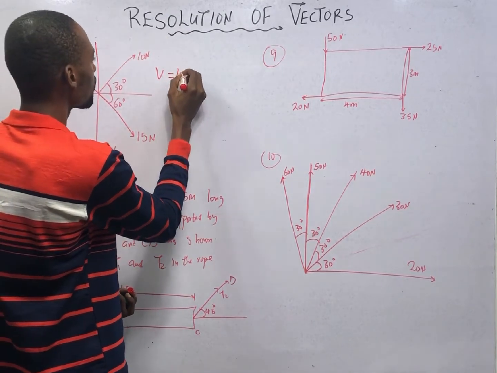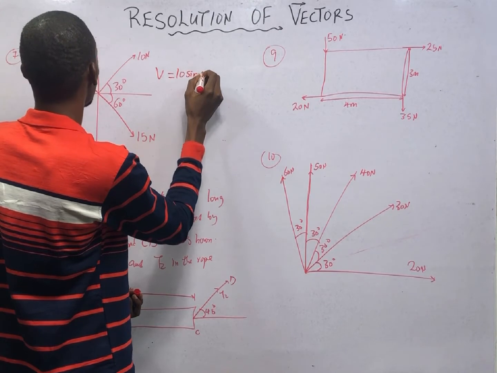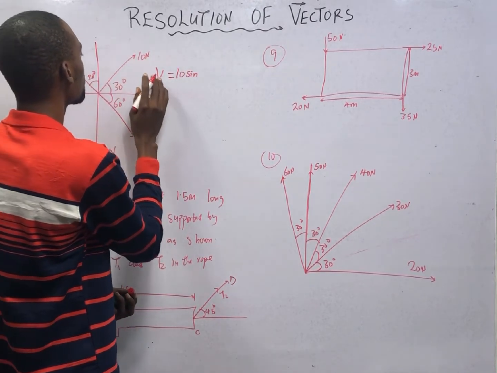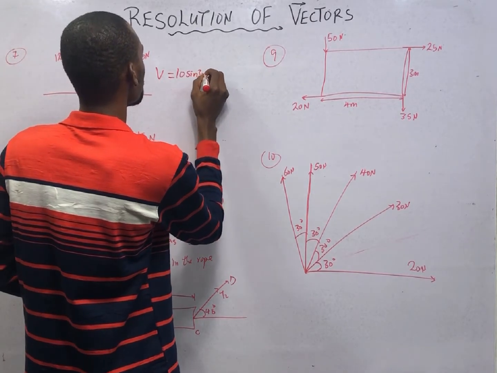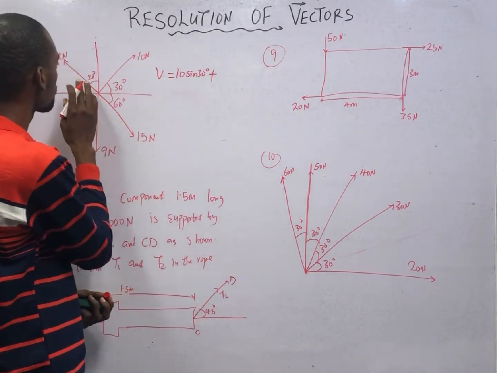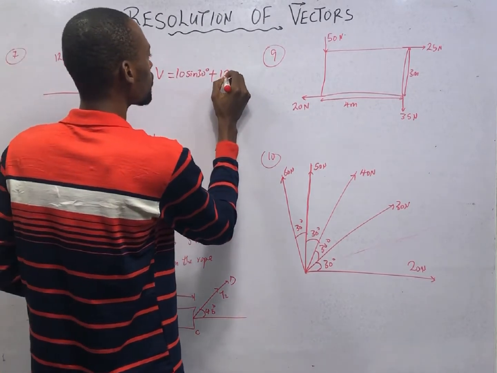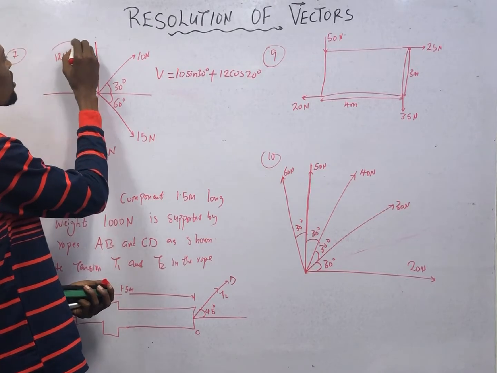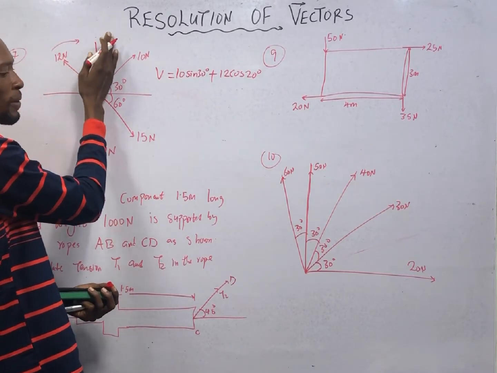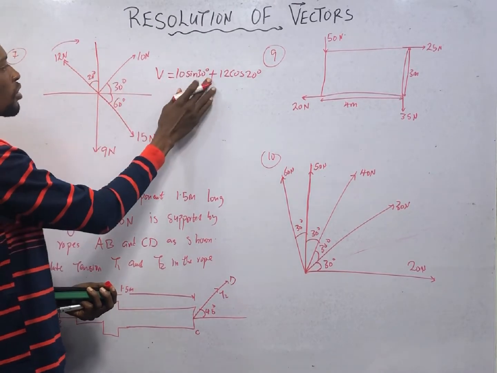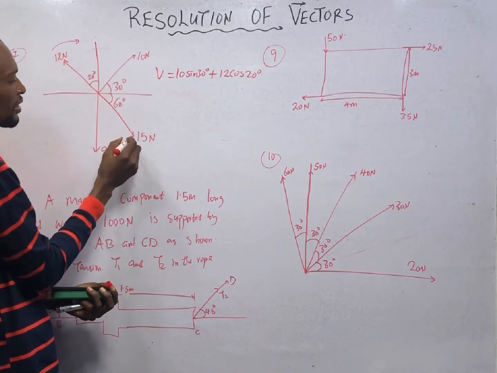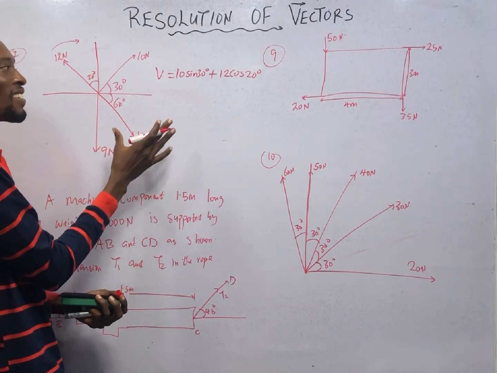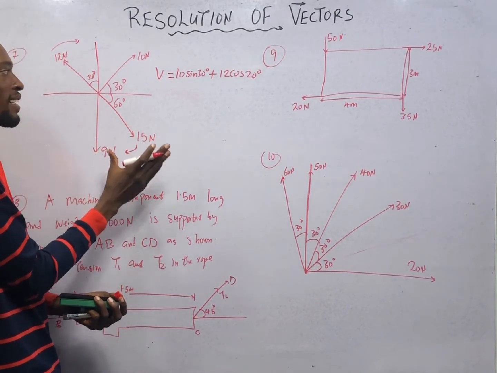Yes, it is. So in this case, the vertical component is 10 sine, let's put here 20 degrees, 10 sine 30 degrees plus 12 cos 20 degrees. Now in this case, we are closing 12. So when you close it towards this part, it is cos. So 12 cos 20 degrees. Now this one is also inclined, which means it has both the vertical and horizontal components.